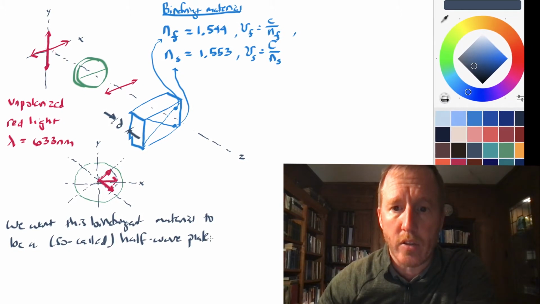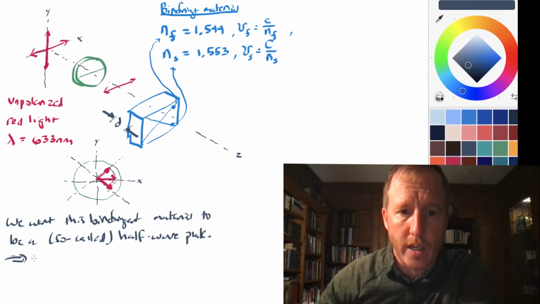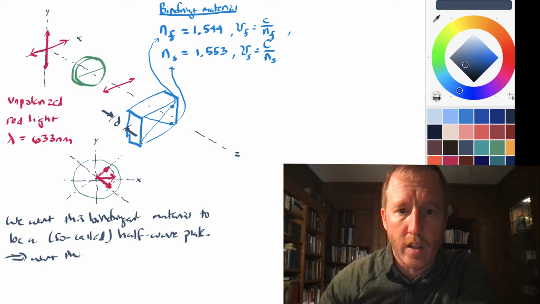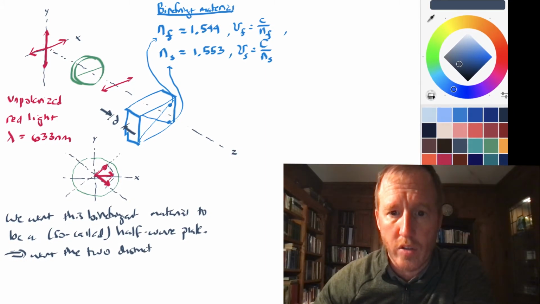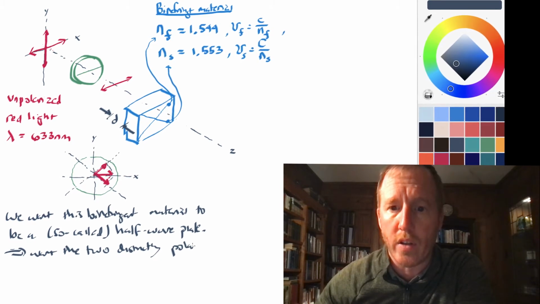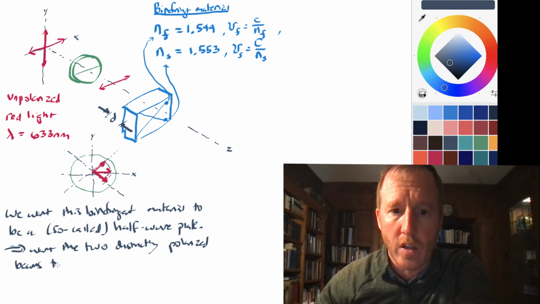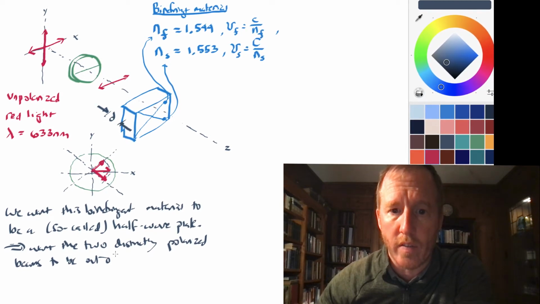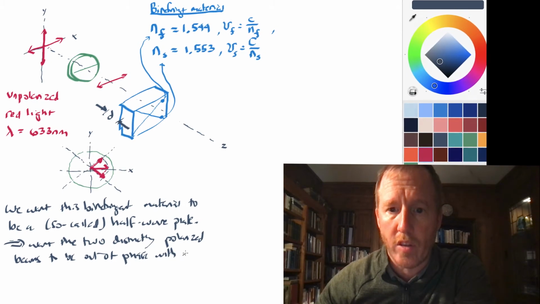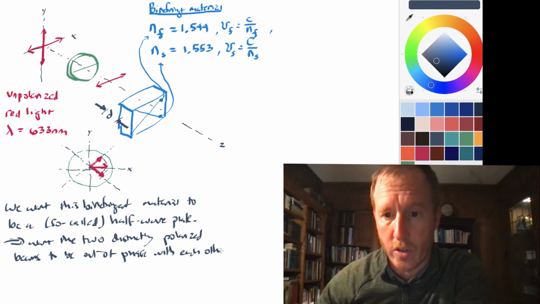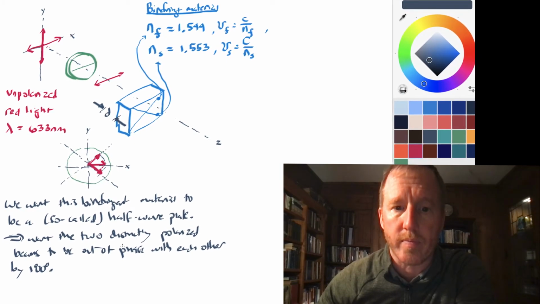And that means we want the oscillations, that implies we want the two distinctly polarized beams to be out of phase with each other, in this problem, at least, by 180 degrees.